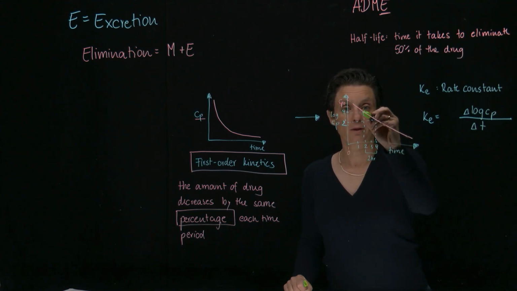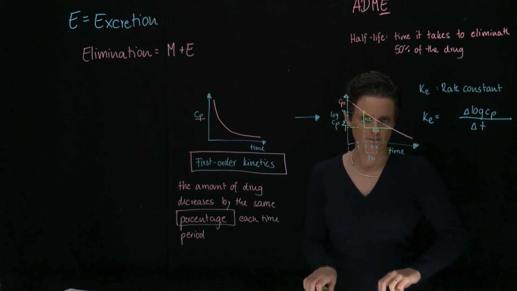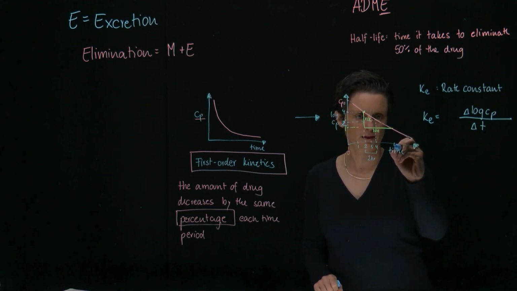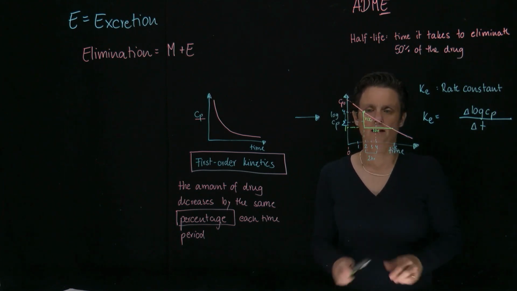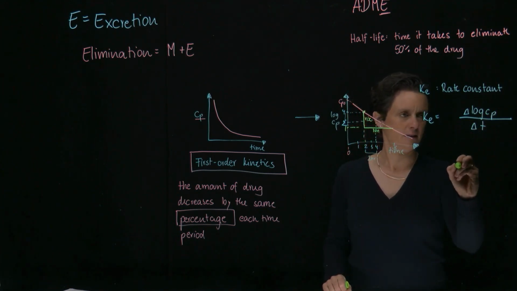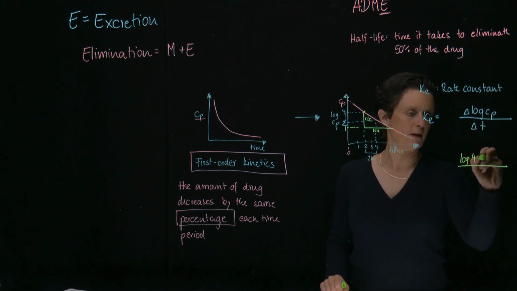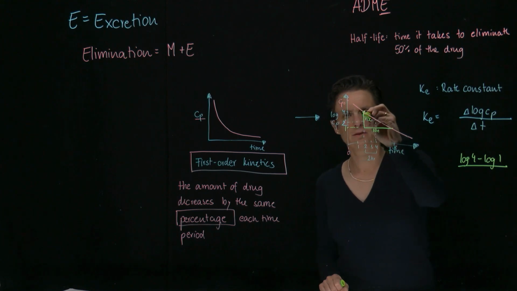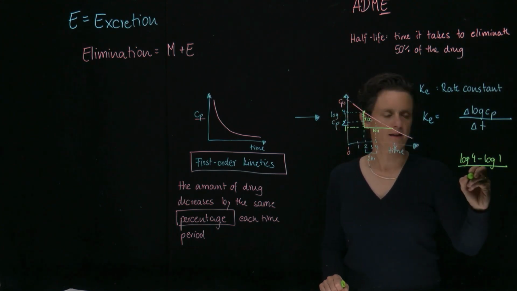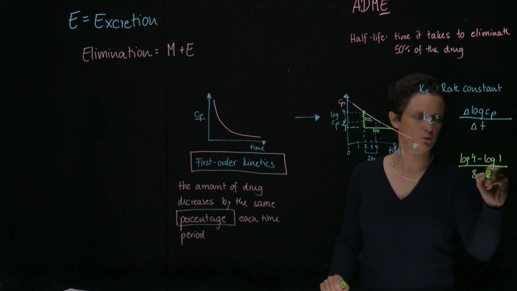So we could say we go here from, let's say this is 1. We take some sort of this is rise, and that's a run. So let's suppose this is 8 hours. And let's say this is log 4 minus log 1, if we use this distance here. And this is then 8 minus 2.